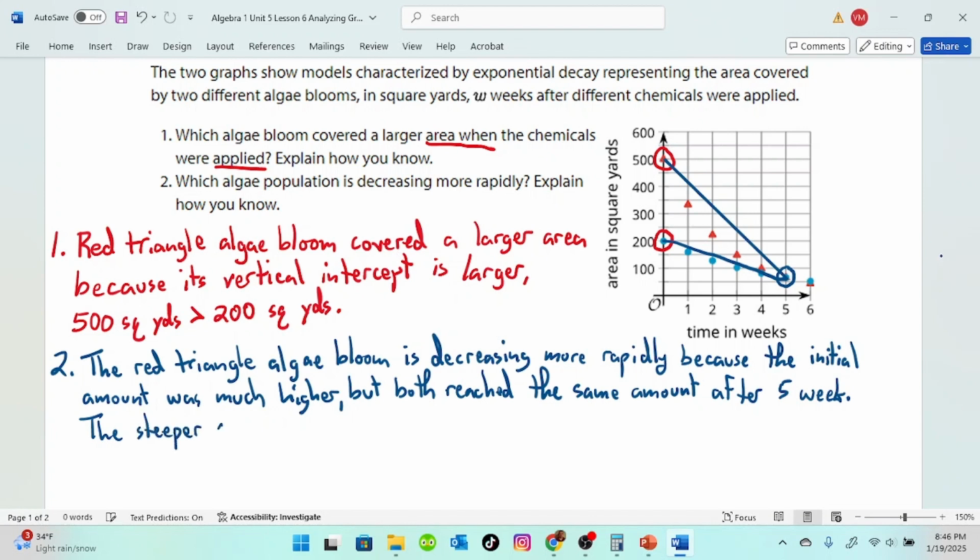The steeper slope means a higher rate of change.